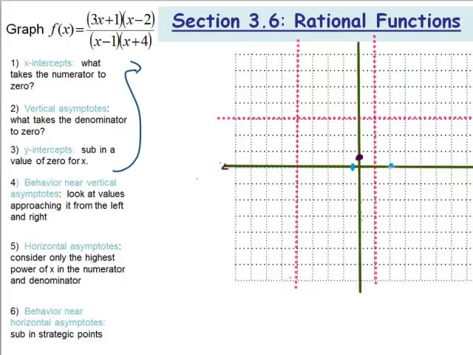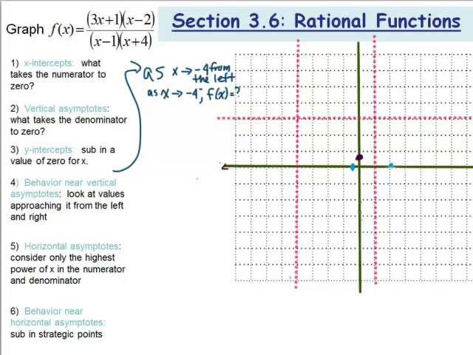I'm going to say as x approaches negative 4 from the left, what does f of x do?